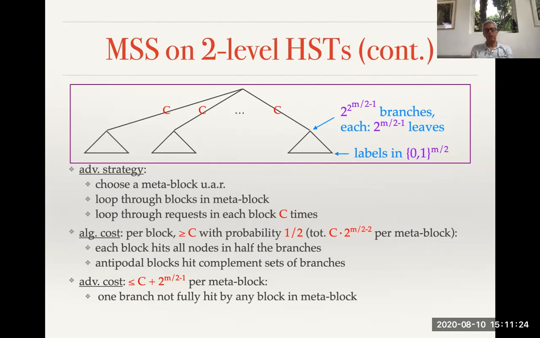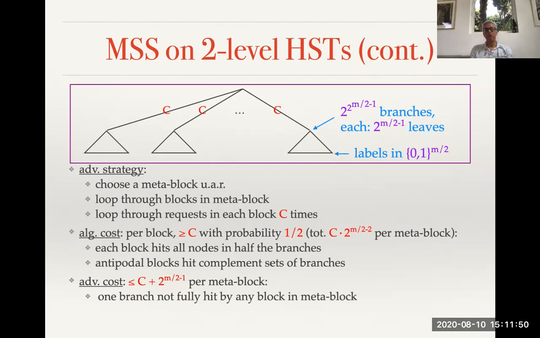So it may have to pay C to move to that branch each meta block. Then for each block in the meta block, one of the leaves of that branch is not hit by that block. So that's where the adversary is going to hide for that block.